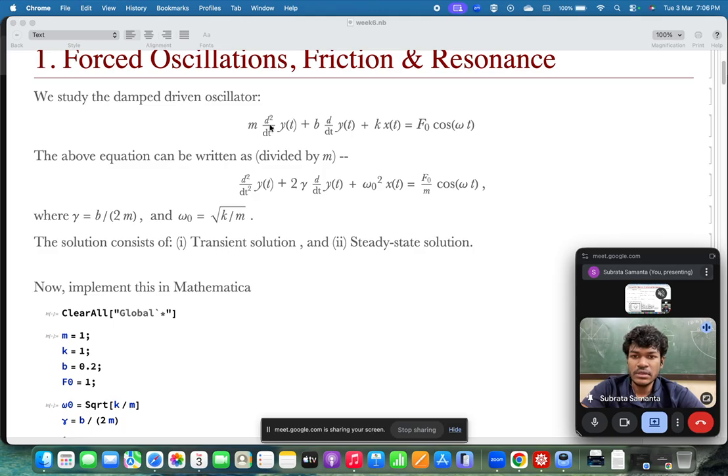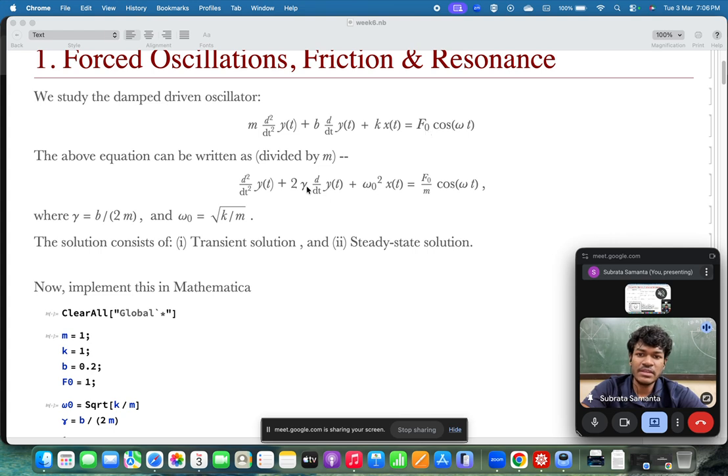If we rewrite it in terms of dimensionless variables, so we divide by m. This is not exactly dimensionless, we are just simplifying our problem in terms of a few parameters. In this case I have b, m, and k, and F naught, so 4 parameters.